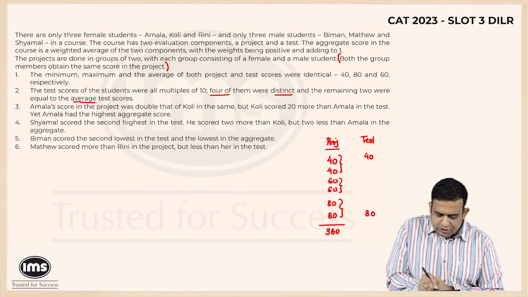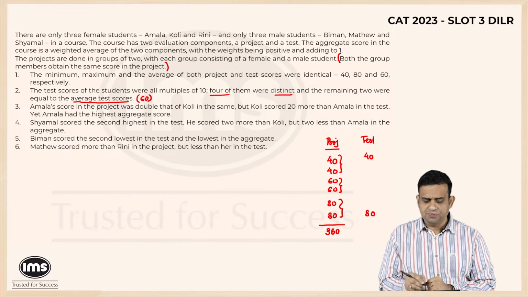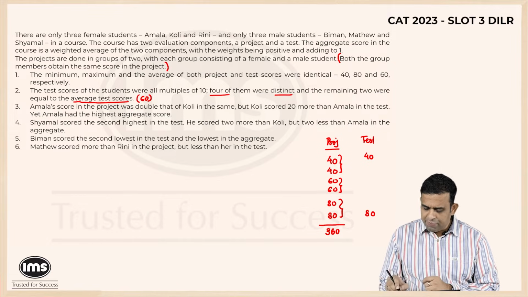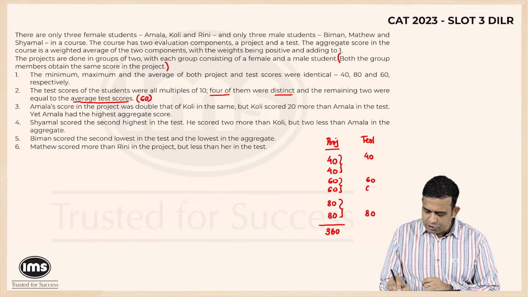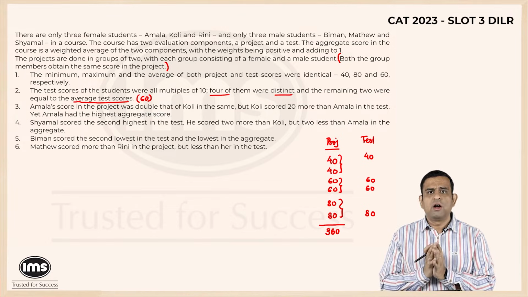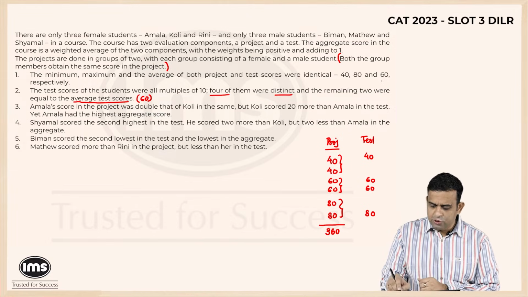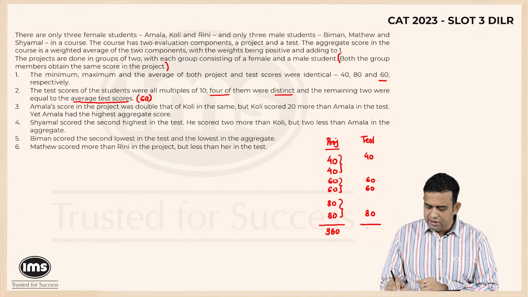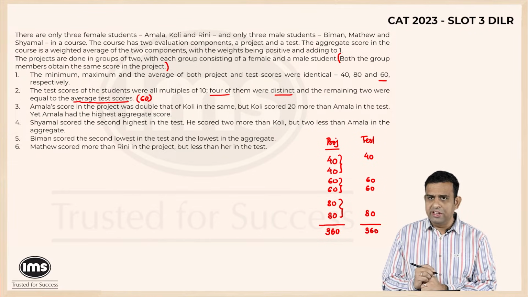And the average test score for all the 6 people is given to you also as 60 from point number 1. That means we are going to again have 2 60s at this particular point. Now the average of this test score is also given as 60, which means again this total needs to be equal to 360.